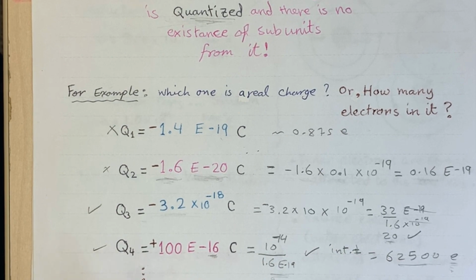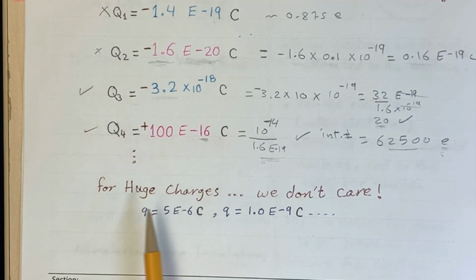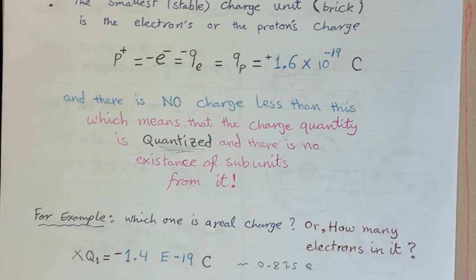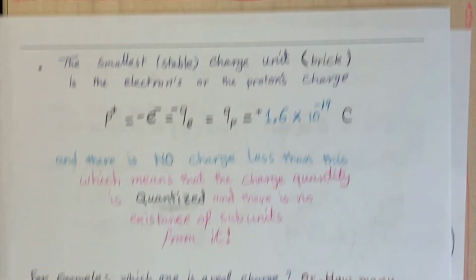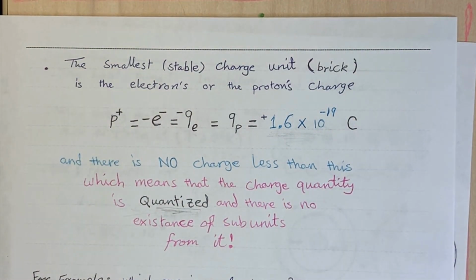So this is a real charge. Actually, for large or huge charges, what we deal with in this course, like micro or nano, we don't care about the quantization of the charge because it is much bigger than the electron charge.